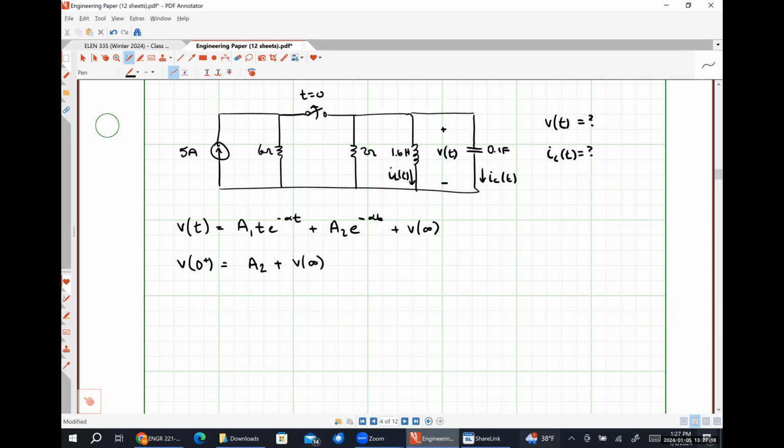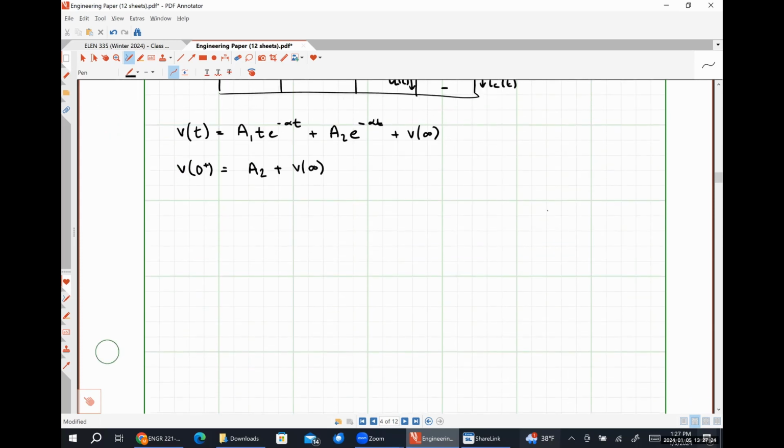What about the capacitor makes it behave that way? Okay, so we know that IC of t is equal to C times the derivative of the capacitor voltage with respect to time, right? That is our relationship. So let's say that the voltage isn't changing. What's the derivative of a constant voltage?